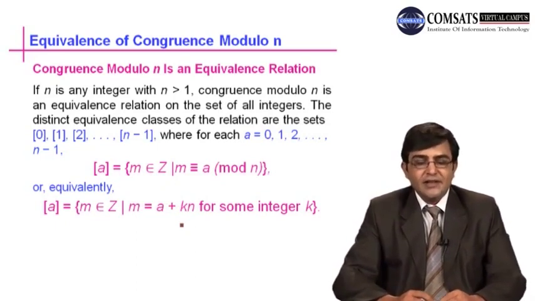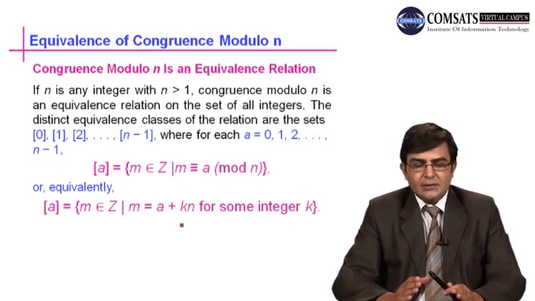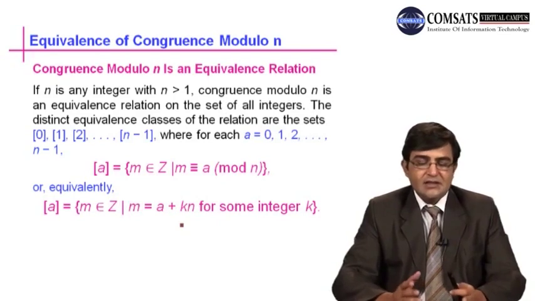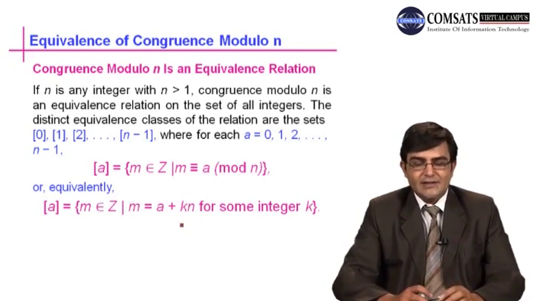Whether we take modulo 2, 3, 4, 5, anything, this relation also partitions the set Z of integers.